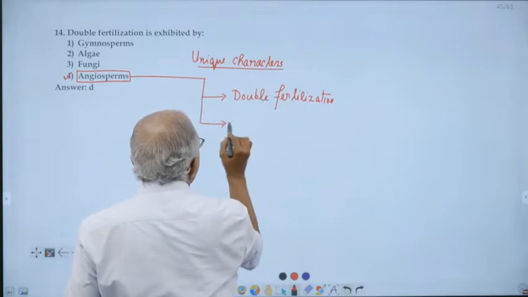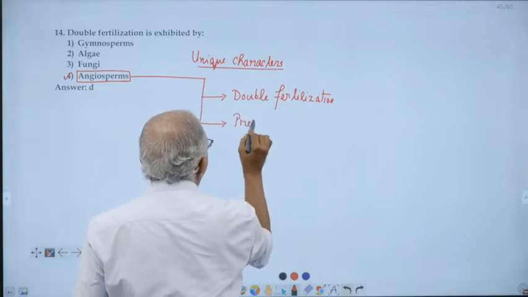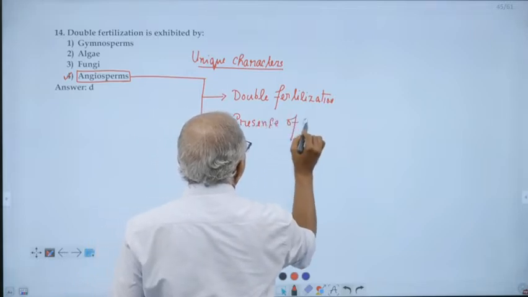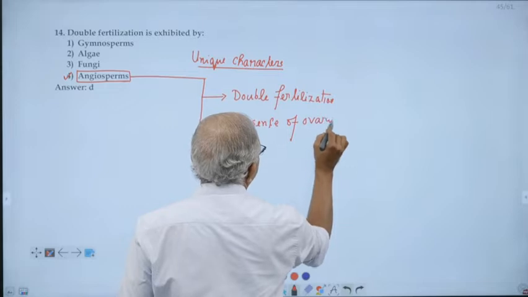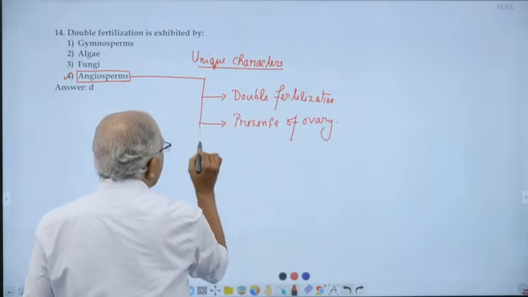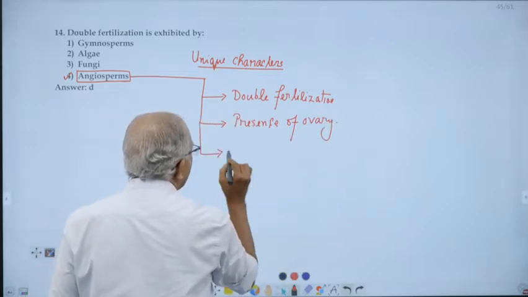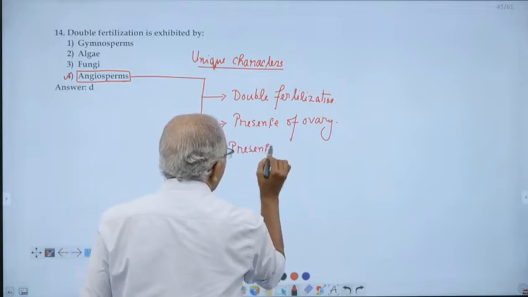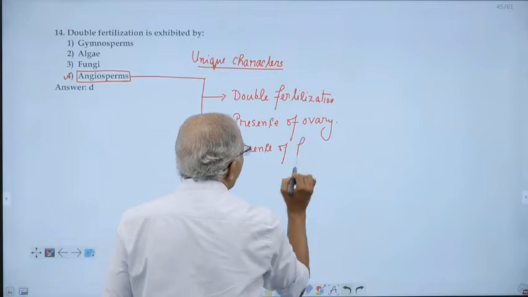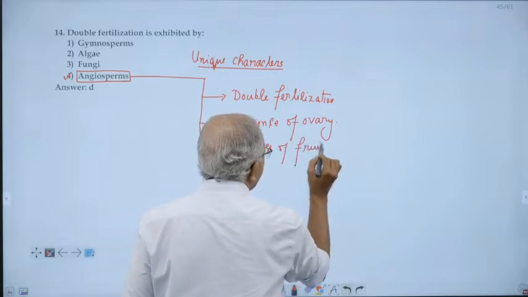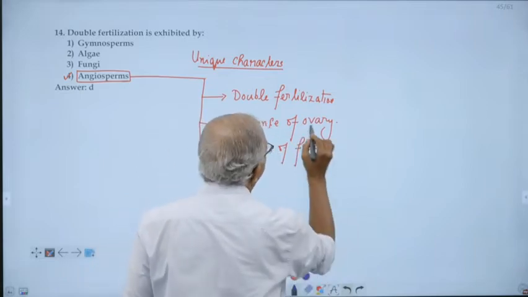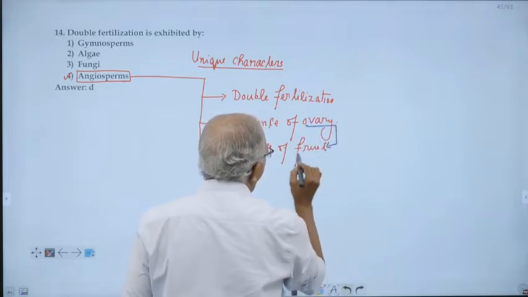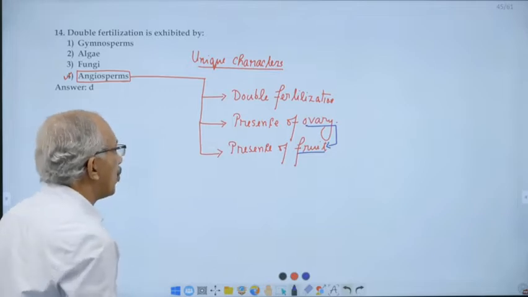Second one is presence of ovary. Third character is presence of fruit, because ovary develops into fruit.